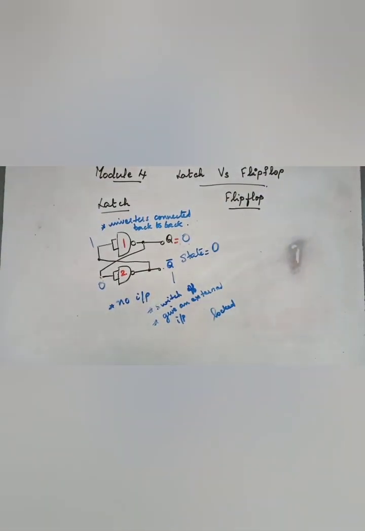So what is a latch in normal English? A latch is the latch which you have on a door. What is the use of that door latch? It won't allow you to go outside, and it won't allow anyone to come inside the room once the latch is locked.